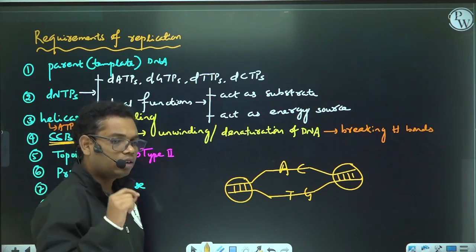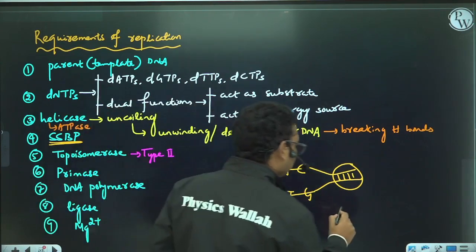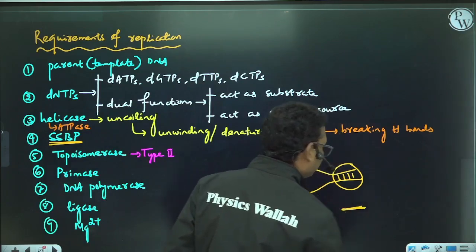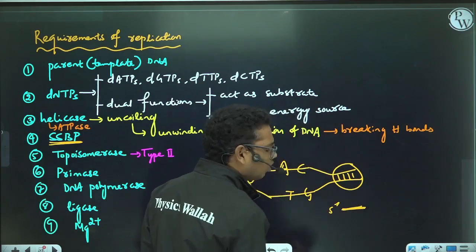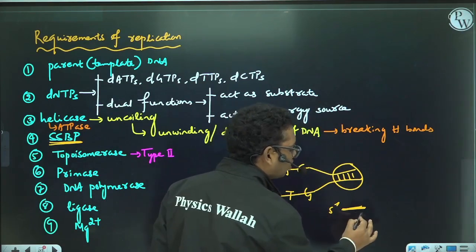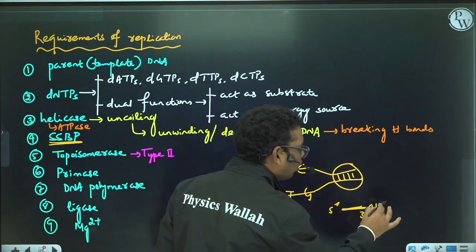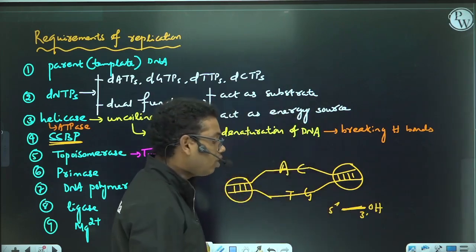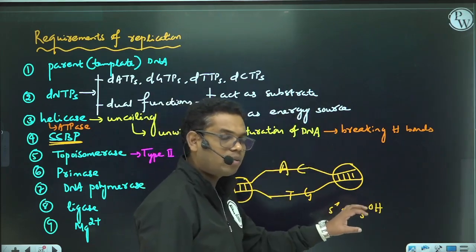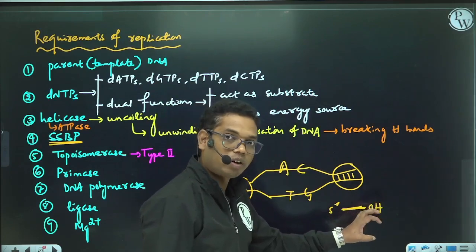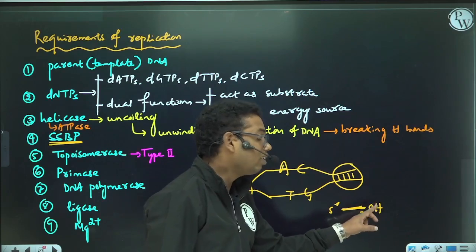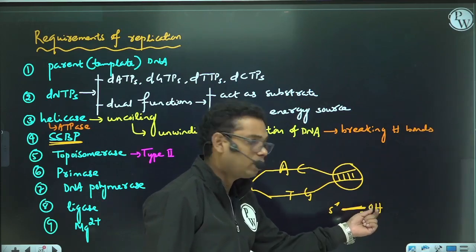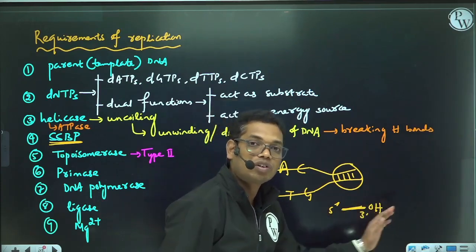I repeat, suppose this is a polynucleotide chain. This is 5' and this is 3'. At 3' I will have an OH group. If I allow the DNA polymerase to bind at this 3' end, it will add the dNTP at this end and cause the elongation of the DNA.